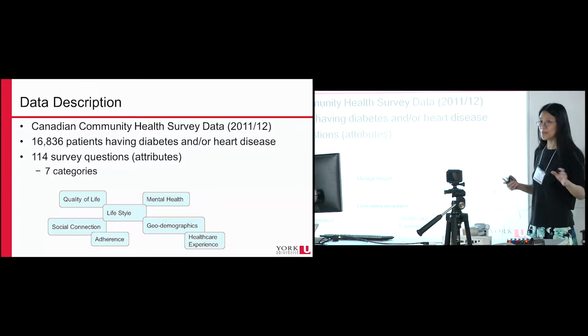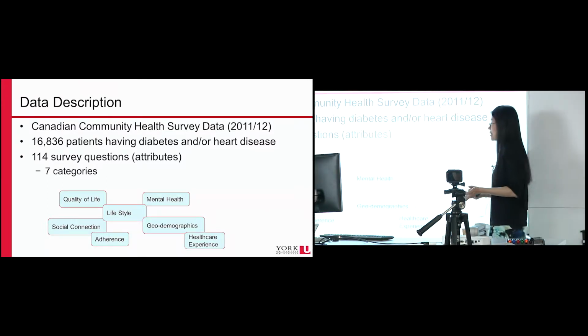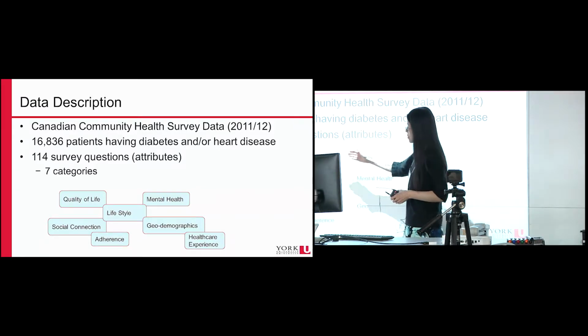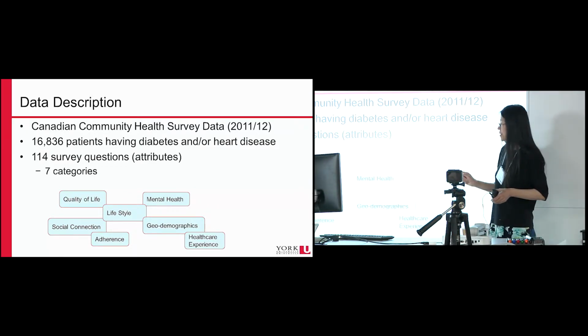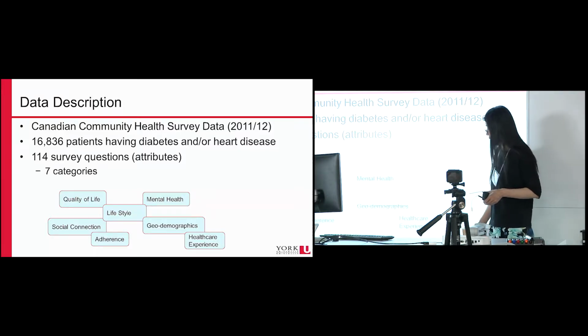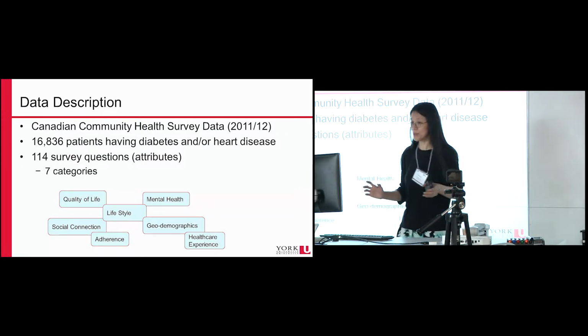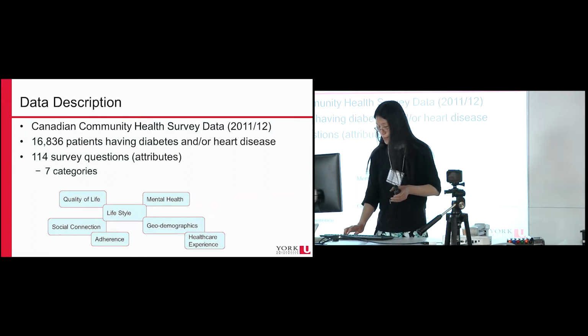The survey contains about 114 questions, and we call those questions attributes in our data set. Those questions can be organized into 7 categories: quality of life, lifestyle, mental health, social connections, adherence, geodemographics, and healthcare experience.